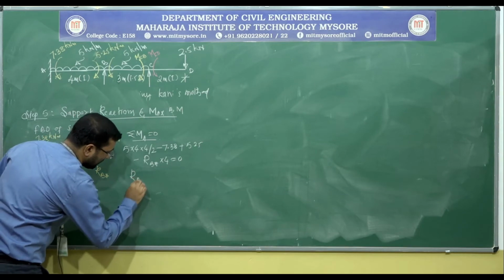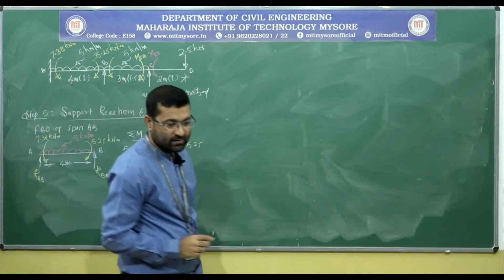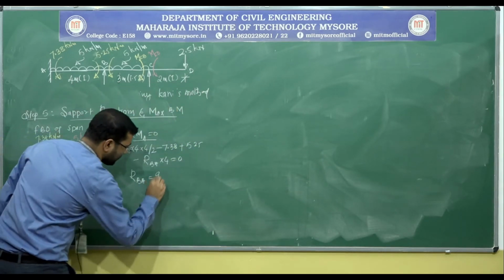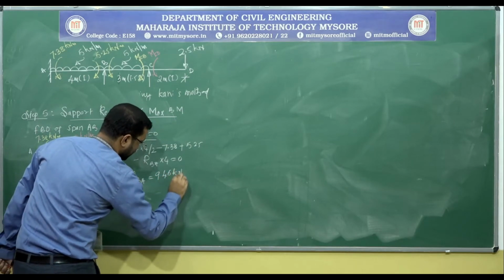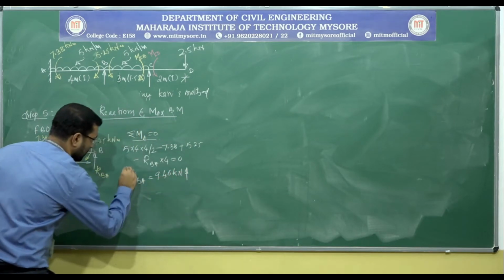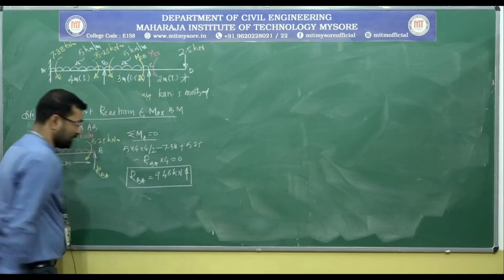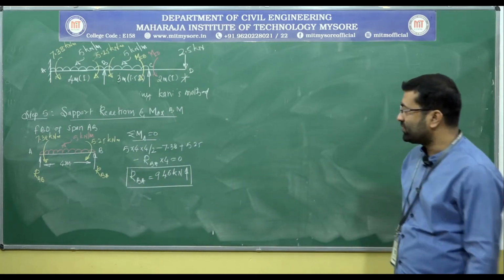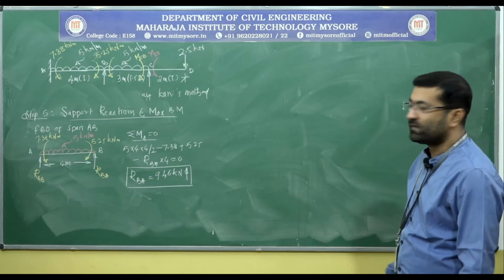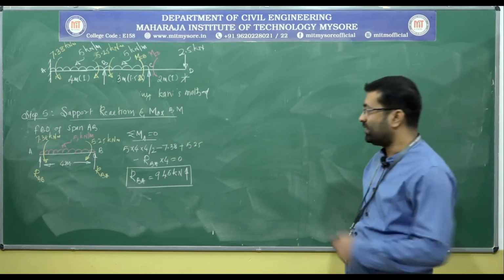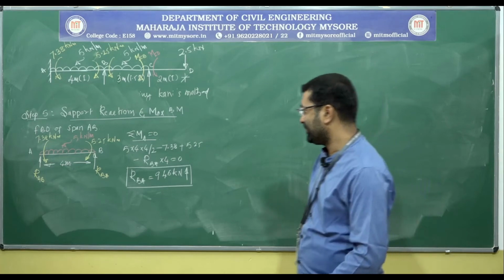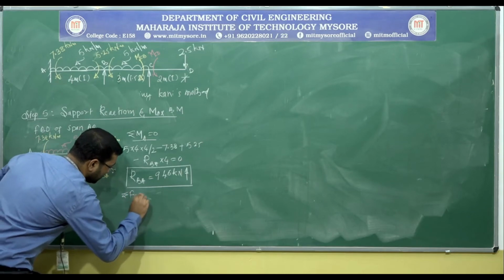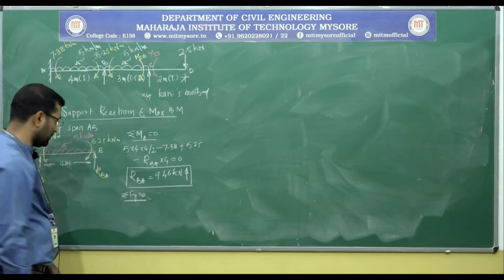Here we will get the value of RBA as 9.46 kilonewton acting vertically upwards, right. So we have got one reacting component. If I impose the another equilibrium condition, we will get one more reacting component, that is RAB. So for that, I will impose the vertical condition, that is algebraic sum of vertical forces must be equals to 0.